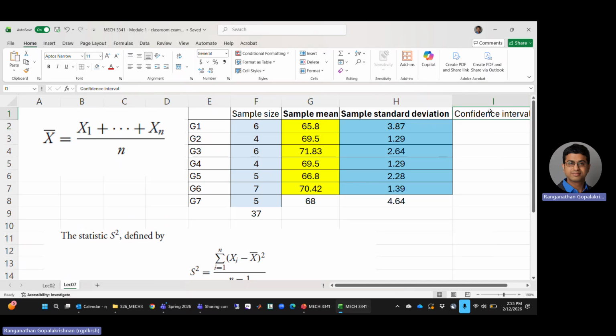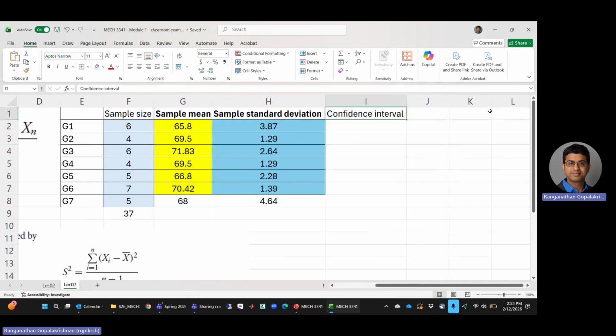It is like saying, I have a mean. How confident am I about the mean? It's a parameter that denotes that confidence.